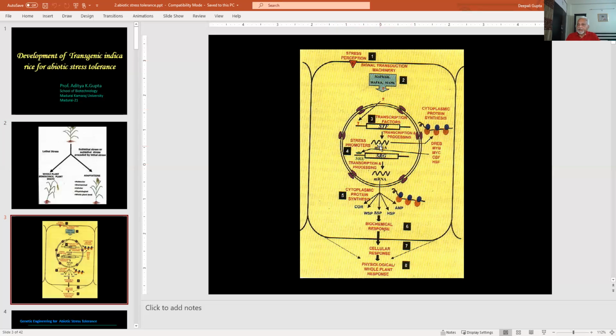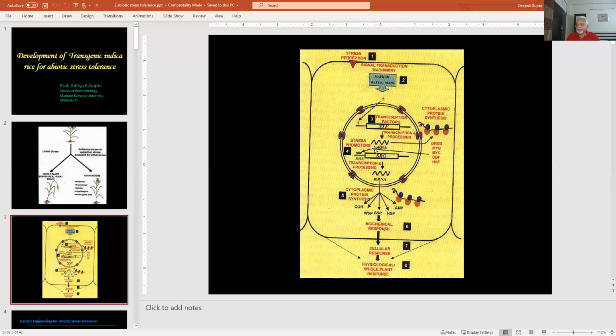And then in the nucleus, the response to that stress signal is generated. So you have a very clear mechanism, which we understand now: signal perception, how signals are perceived, and how signals are taken from membrane to nucleus, what we call signal transduction, and then the nuclear response to that signal.